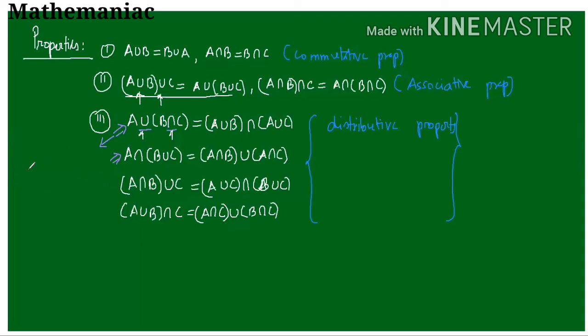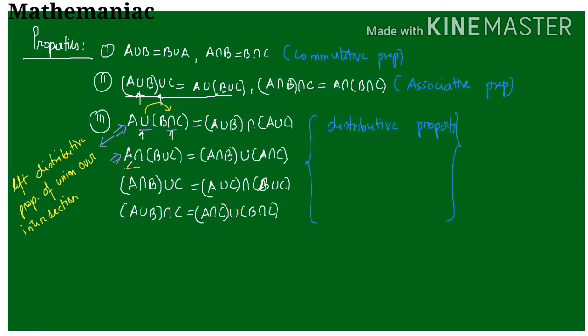I'm naming only the first property. I can write like this. It is the left distributive property because you are distributing it from the left. It is the left distributive property of union over intersection, because you have distributed union over intersection.